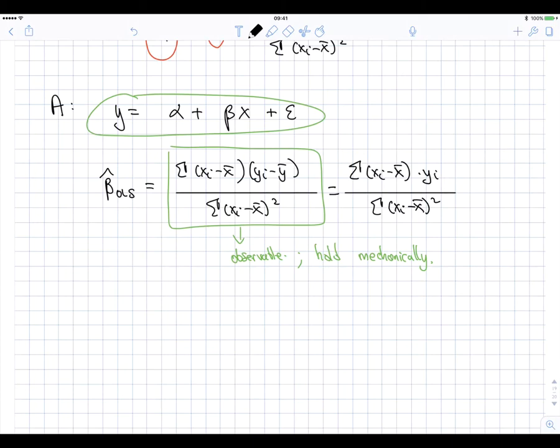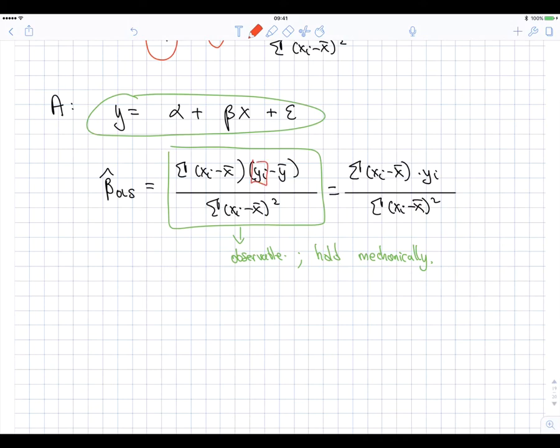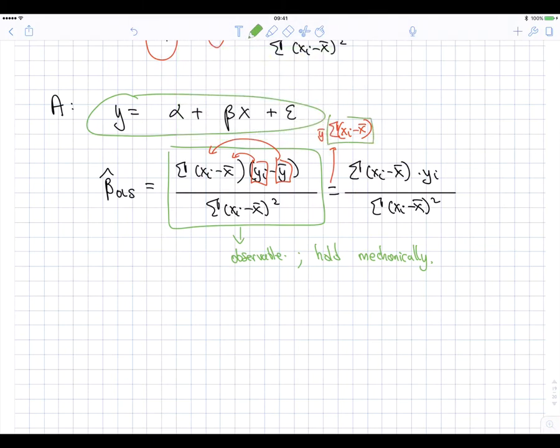If you open up the numerator and multiply yi with this bracket and the y bar with this bracket, because y bar doesn't depend on i, I can pull it out of the summation. And one property of summation notation, which you should remember from the first lecture that Jordi did and from some of the videos that I've done on summation notation, is that the sum of y bar times (xi minus x bar) will equal 0.